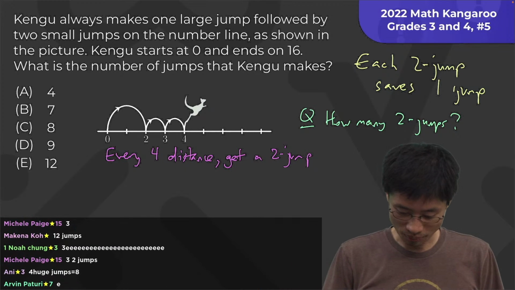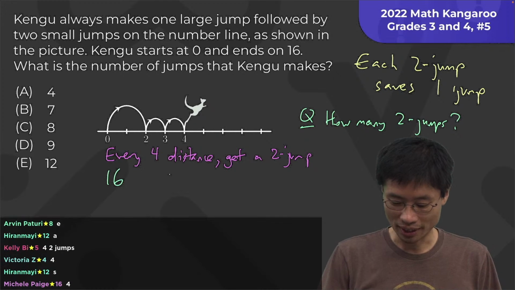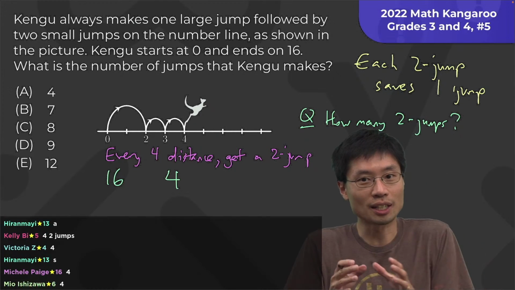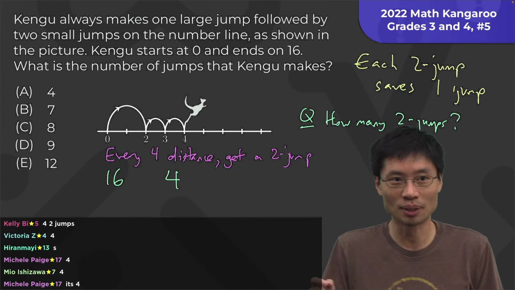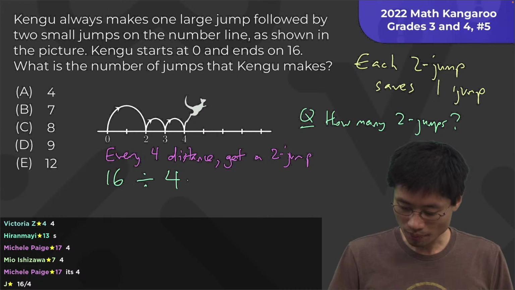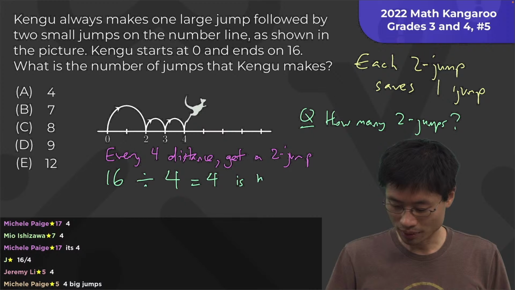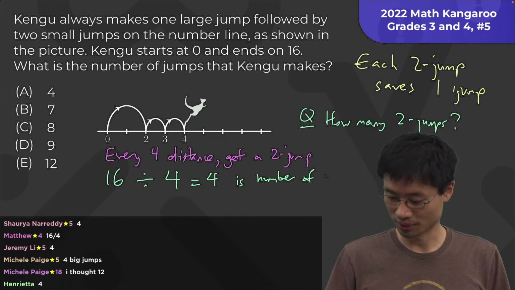I have the number 16, and I also have the number 4. Every 4 distance, I do a 2 jump. So I do exactly, I see it, 16 divided by 4. Well, that's equal to 4, the number of 2 jumps.